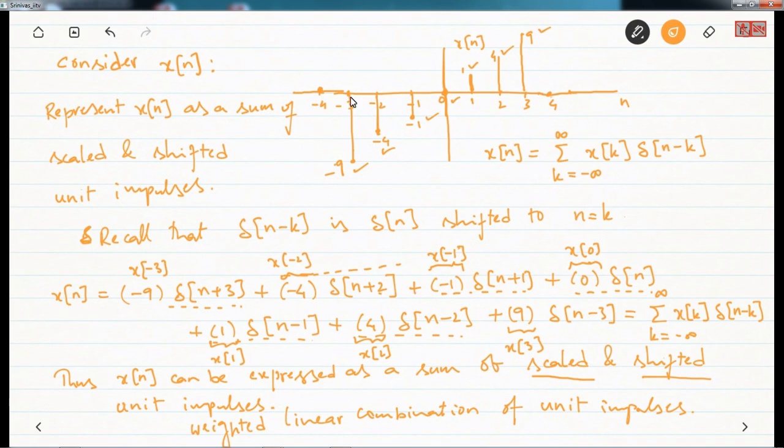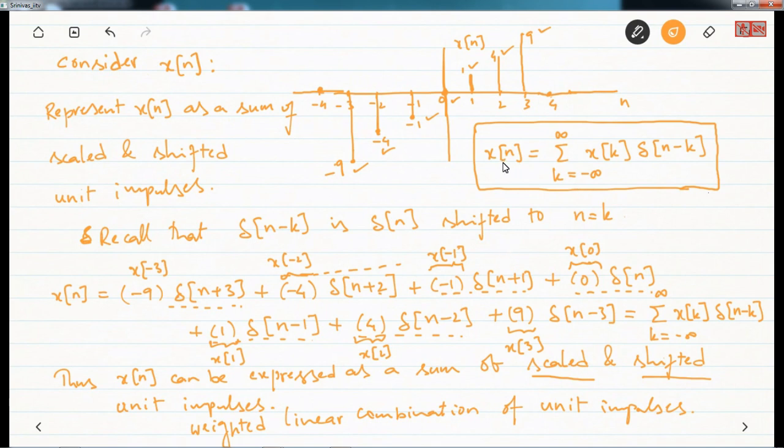For any other value of k lower than -3 or higher than +3, the x of k values are zeros. I just wanted to write this equation because we will get another equation in continuous time domain which is very similar to this.